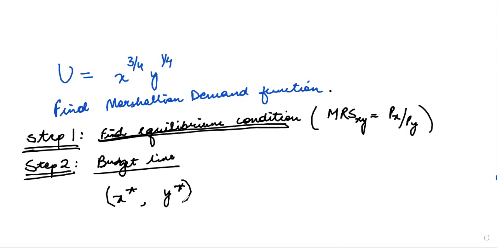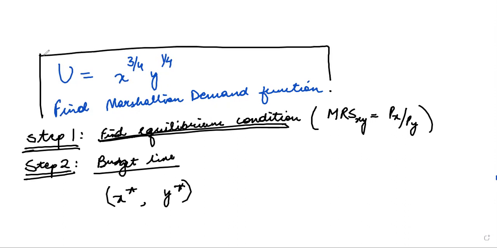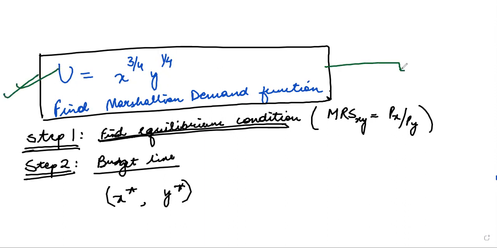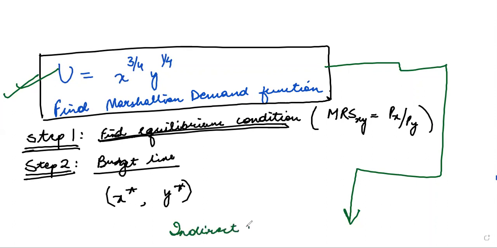Now, one thing that we can do is solve this entire question. But I'll also progress one step ahead. First I will derive the Marshallian demand function, but I will also ask you to find the indirect utility function. So this is the direct utility function.